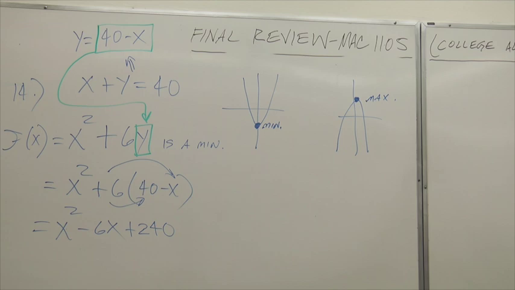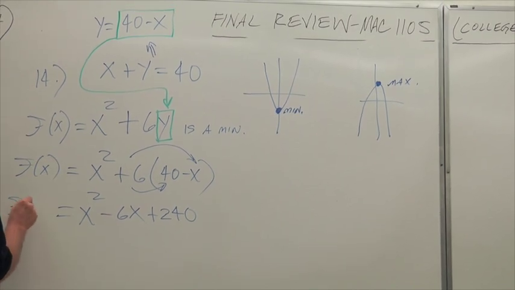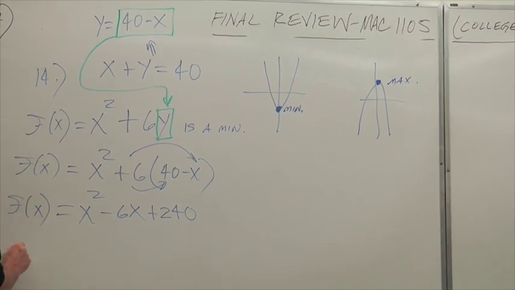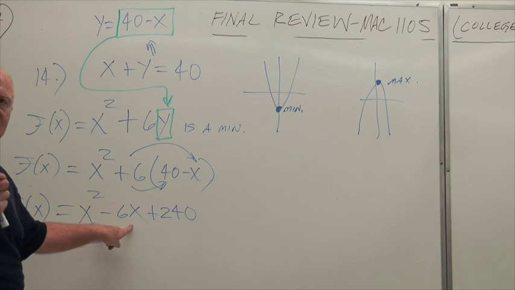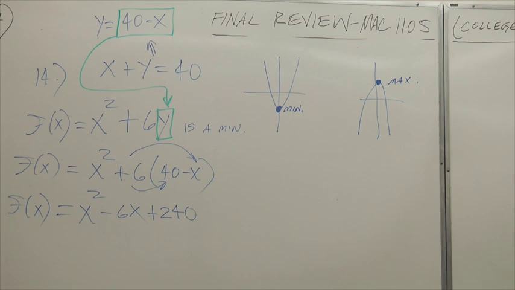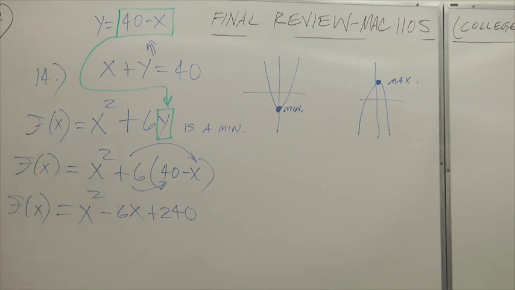Okay. Now, this is all a function. What can we do with this? It says to find the minimum. What are we working with here? What variable? X. So actually we're trying to find out what h is in the vertex. Does that make sense? So therefore what? What can we do with this?